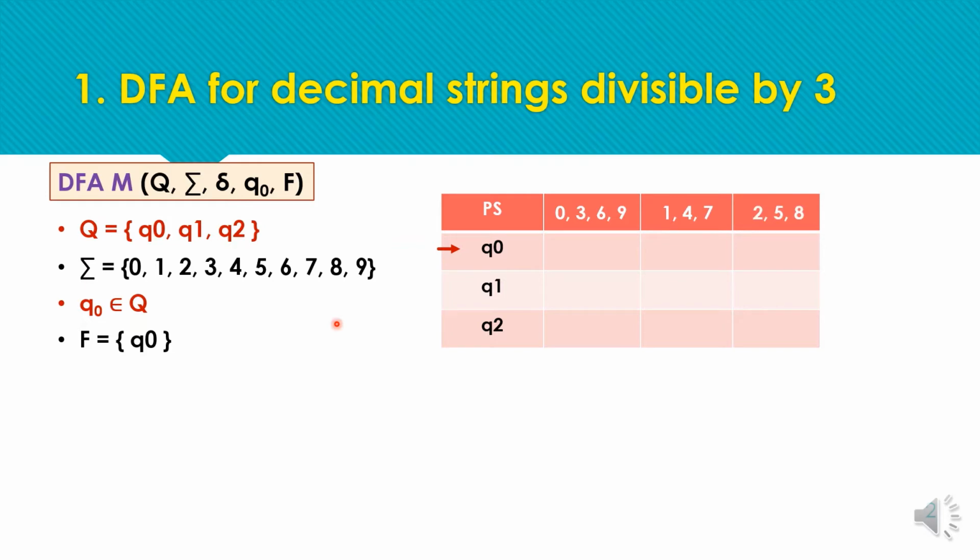For the third set, we have remainder 2 for digit 2, for input symbol 5, and if we divide 8 by 3 we get the remainder 2.